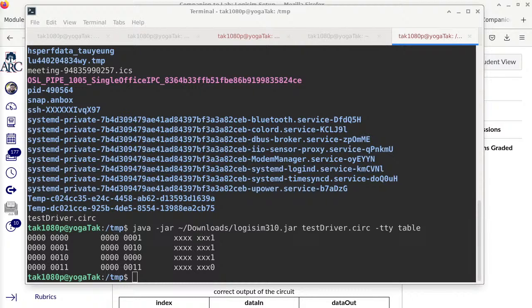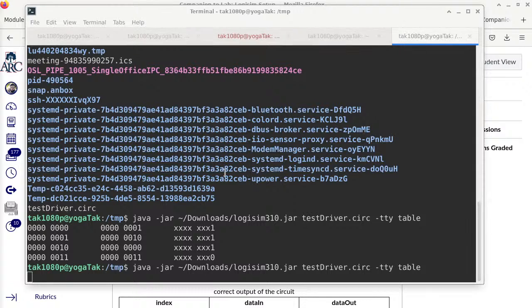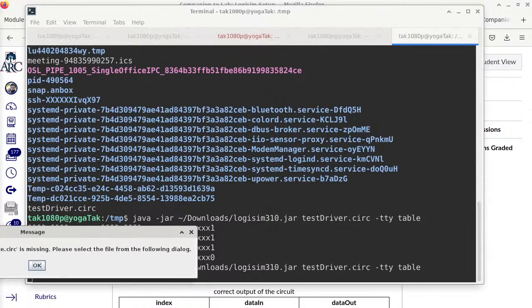So the tricky part is that you have to find the file for Logisim, and it has to be able to locate it. Let me do that one more time, but this time I am going to move all the dialog boxes to where you can see them.